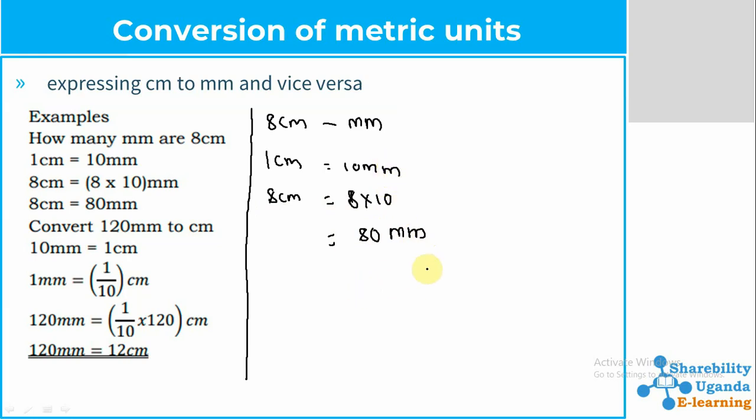Okay, now small unit to a big unit. So when you look at another example here, it says convert 120 millimeters to centimeters. We are now changing millimeters to centimeters. So what do we do here?